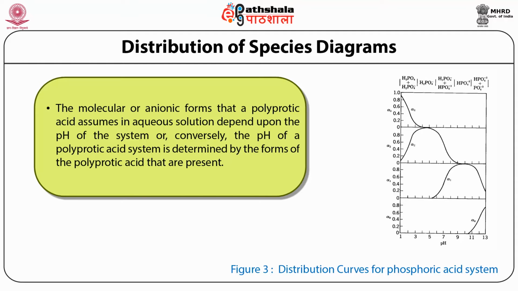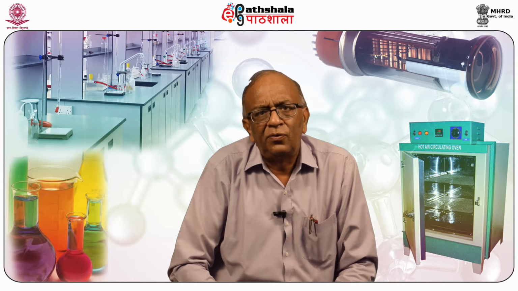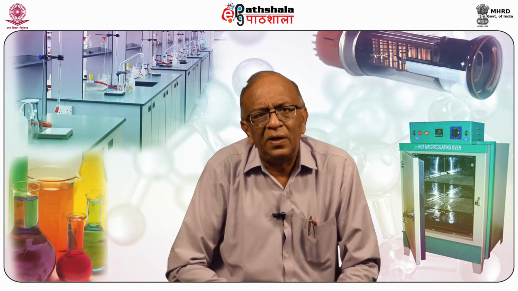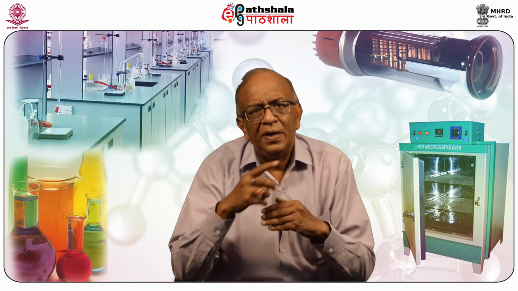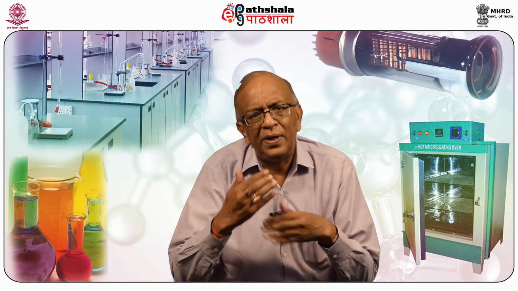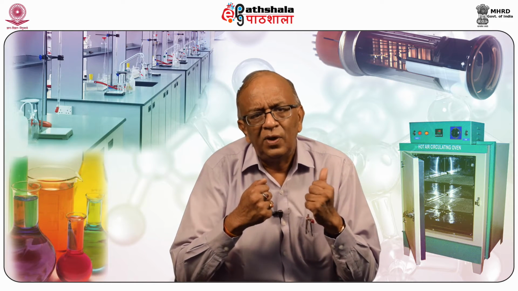From the figure, we can clearly find out at what pH which species exists. The distribution curves can be used to determine either the relative amounts of species needed to prepare a solution of a given pH, or to predict the pH of a system given the amounts of various species.